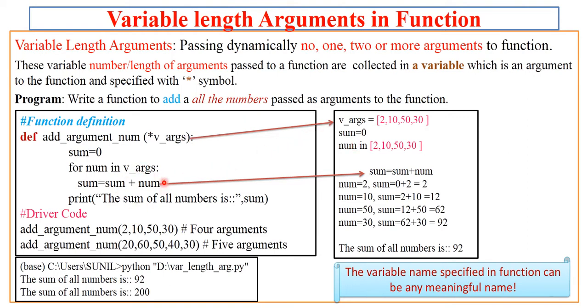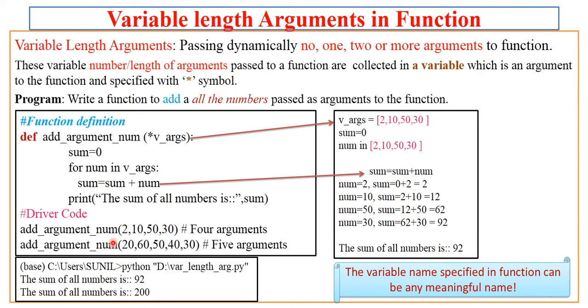Before I get into this simplest code, I would like to focus you on the thing which I am pointing here in the second rectangle of this slide. v_args is equal to some list. That means whatever number of arguments you are passing here in the function call, those arguments are basically put in a list by the Python programming environment, and that list is referred by v_args.